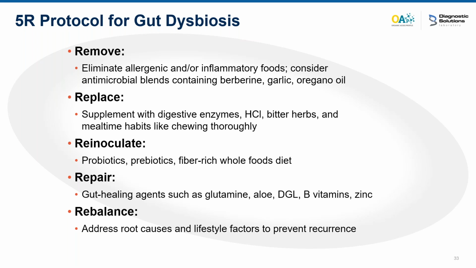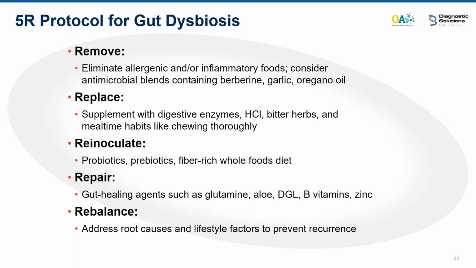So clinicians may choose to do any range of things. I mentioned the 5R protocol. That's a nice guideline for ideas for how you may want to intervene on a patient that has a gut dysbiosis like this. There's a range here. You could do gentle things like just supporting digestion with bitter herbs and betaine HCl, making sure they're chewing and eating a healthy diet, and probiotics, for example, or fiber.